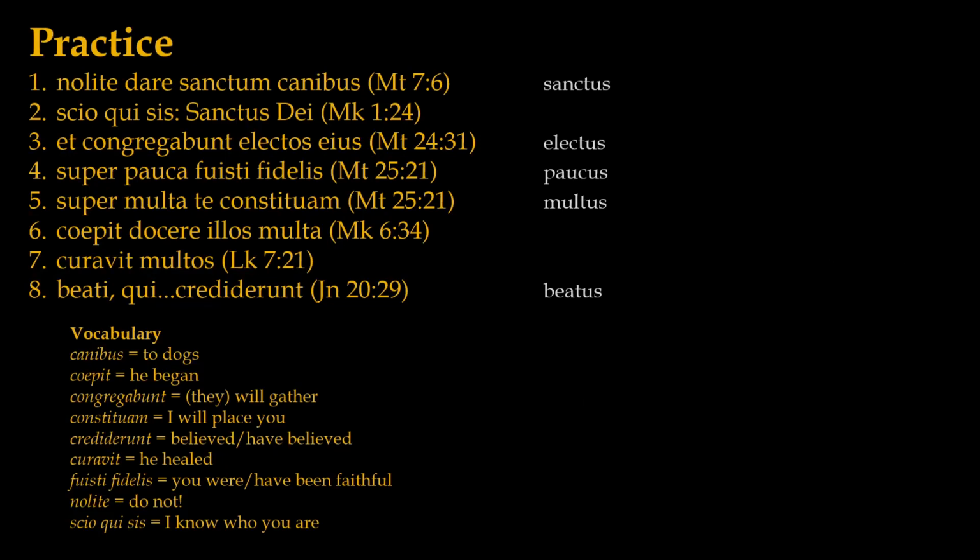The idea is, we're not specifically told what he's teaching, but we see that multus there is the adjective, and it's kind of standing in for other nouns that could be there. Curavit multos. He healed many. And we understand from the context this means he healed many people.